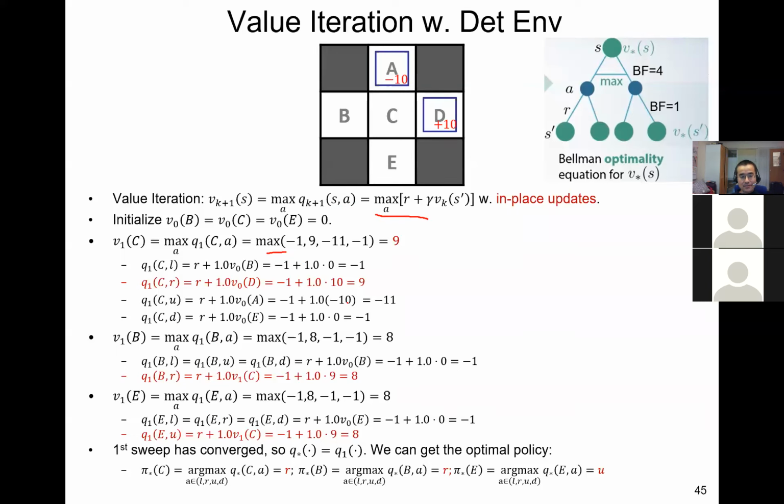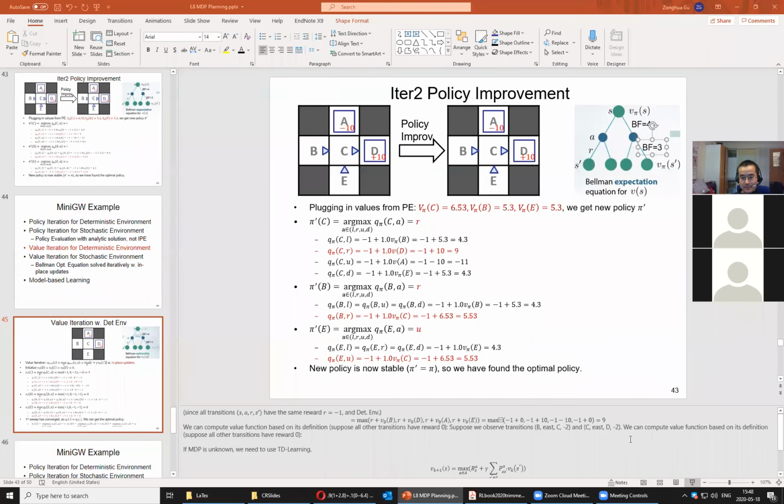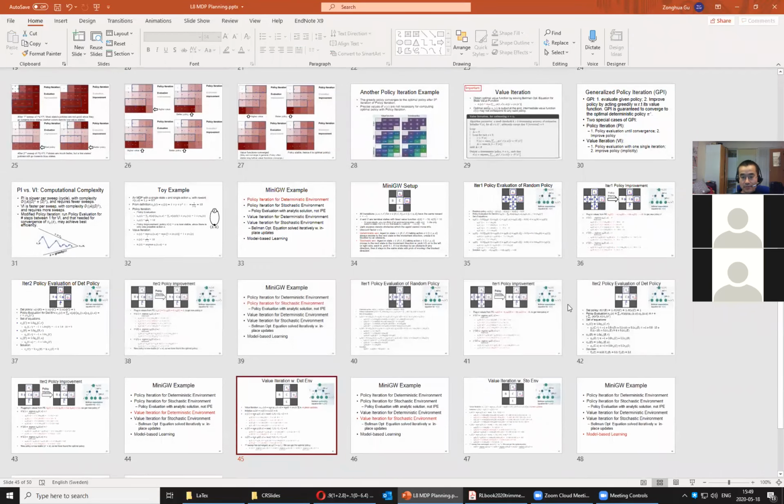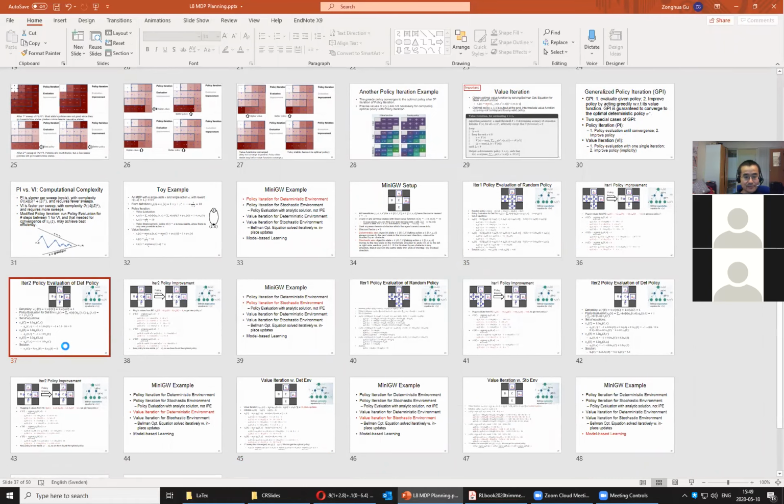So Q1, if you are in C, you go left, you go into B, you get a -1 because all the values are initialized to 0.